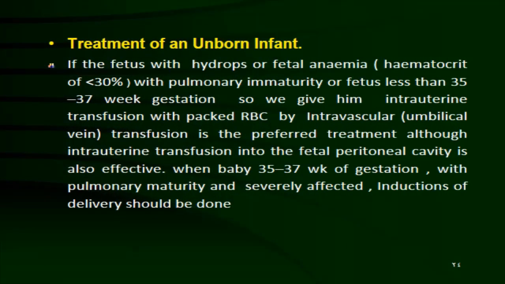Now, treatment of the unborn infant intranatally: if the fetus has hydrops or fetal anemia with hematocrit less than 30%, with pulmonary immaturity, or the fetus is less than 35 to 37 weeks of gestation, we give intrauterine transfusion with packed RBC.